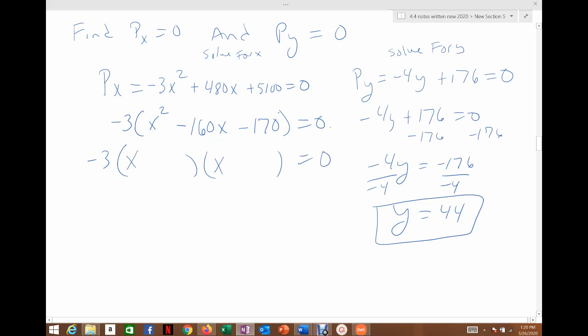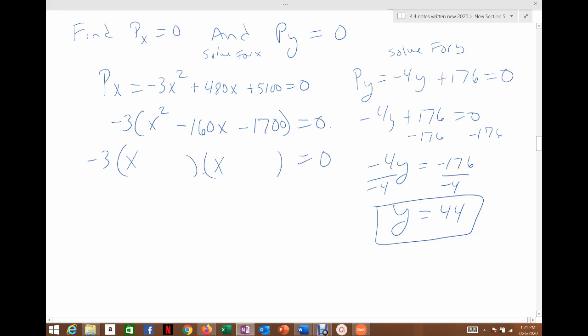So I need to find factors that multiply to -17. Sorry, that should be 1700. 5100 divided by -3 is -1700. Make sure you put another 0 there. So I need to find numbers that multiply to -1700 and when I add them, it adds to -160.